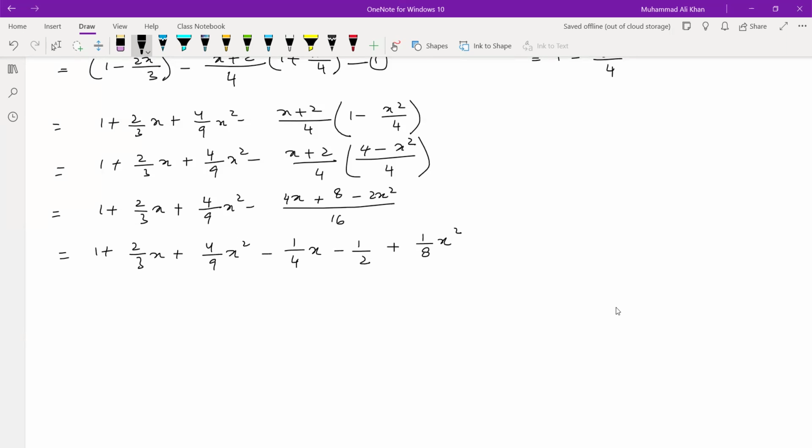From your calculators, 1 minus half is half. 2 upon 3 minus 1 upon 4 plus 5 upon 12 x, 4 upon 9 plus 1 upon 8 is 41 upon 72 x squared. This is the expansion up to x squared. Are you clear?